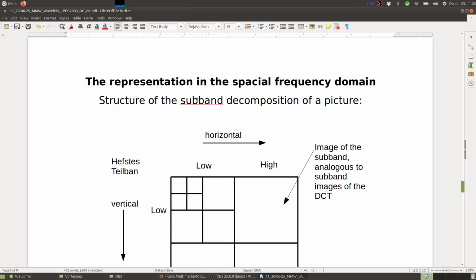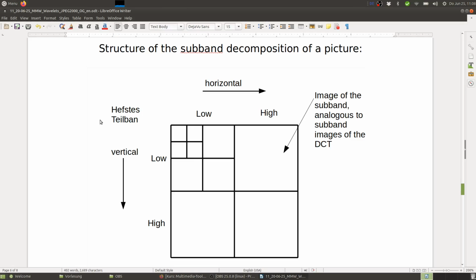Yeah, and here you can see the representation in the spatial frequency domain. So this is the structure of the subband decomposition. Remember, for the DCT we have a checkerboard of 8x8 fields, right? 8x8 coefficients. Here it's unequal, right?